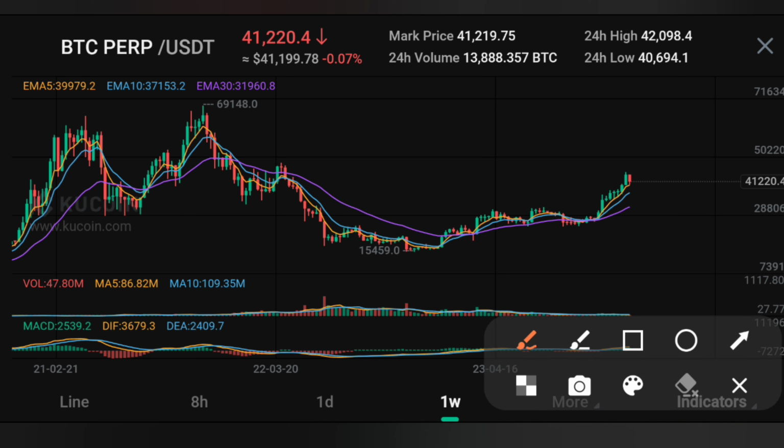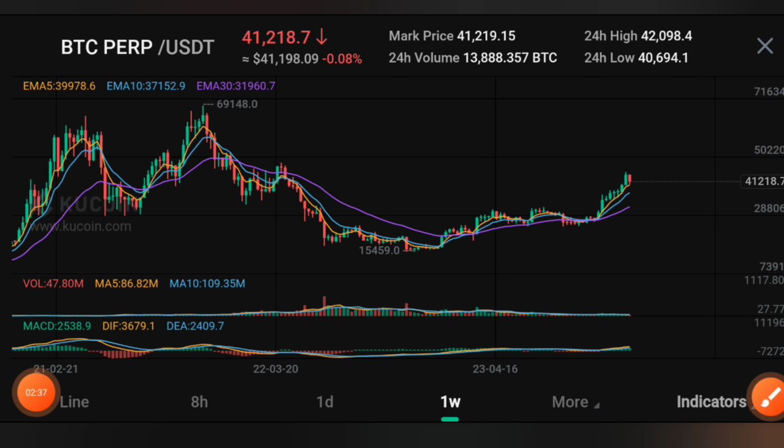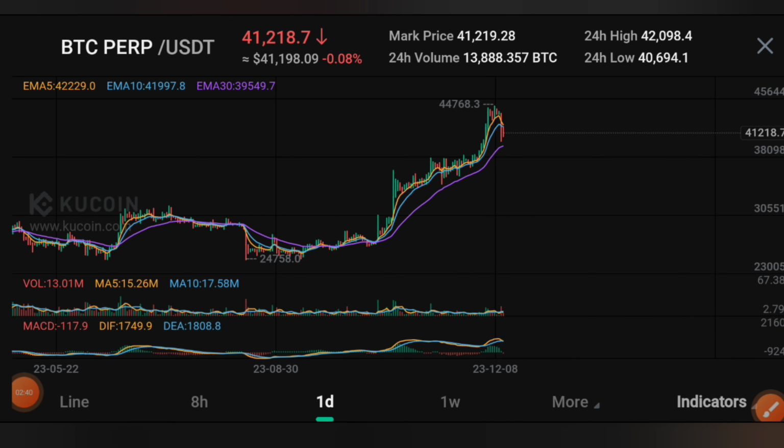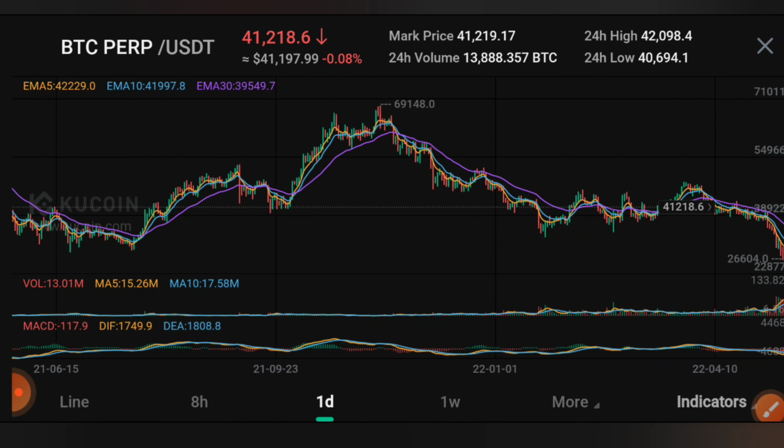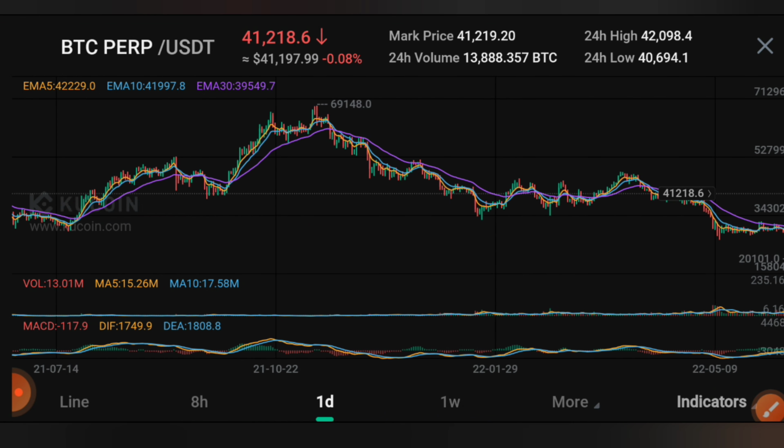Now I want you guys to zoom in and consider this. This is another head and shoulders, and that's a bigger head and shoulders, right? Now we're going to zoom in to this in daily. Let's go to where we had a smaller rally up.